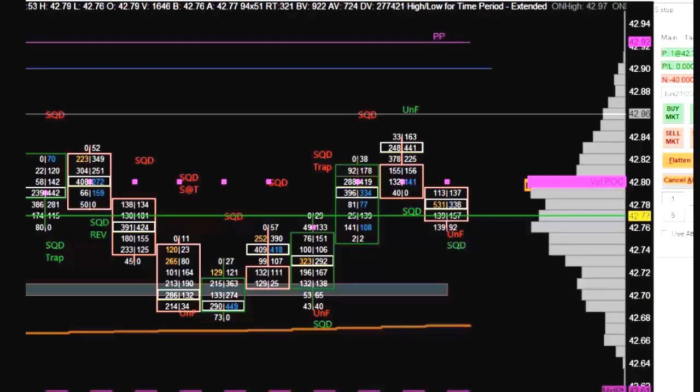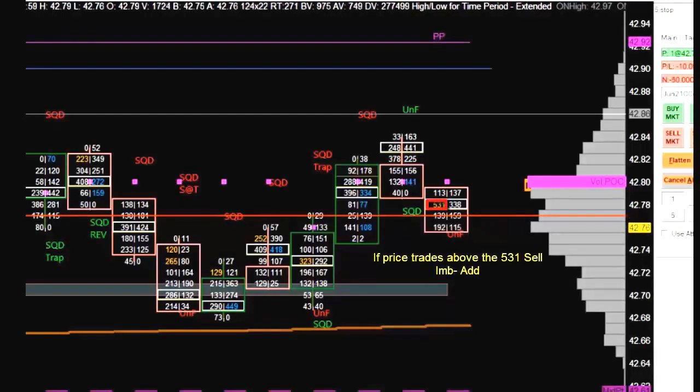It's the buyers basically absorbing these sellers. They're not able to take the price down. So as soon as price rejects going lower and trades up and around the 531, there you go. That's your long entry. And that is where you want to just go ahead and load up in anything you can.